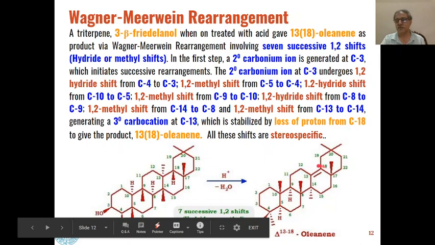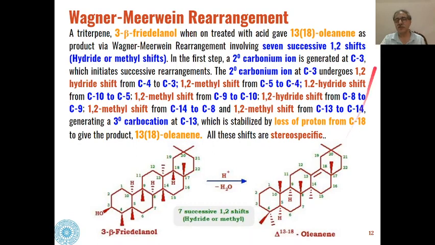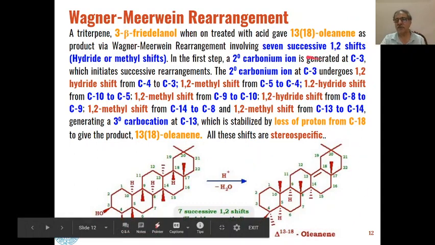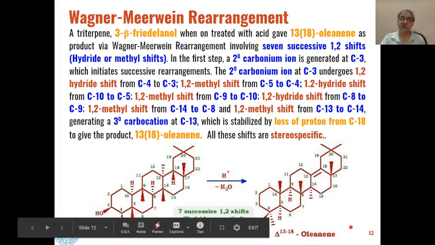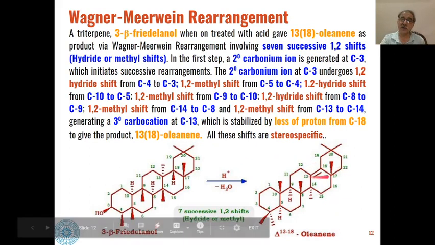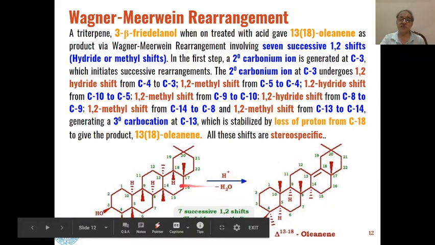So this is how 3-beta fridelanol is converted into delta 13(18) oleanene by 7 successive 1,2 shifts, either hydride shift or methyl shift. This is also a very important reaction for the synthesis of unsaturated triterpenes from terpenols through Wagner Meerwein rearrangement.